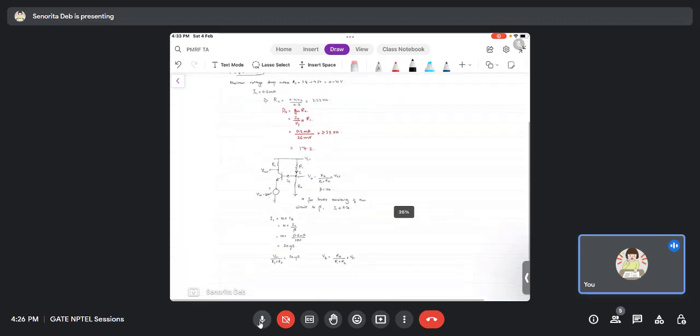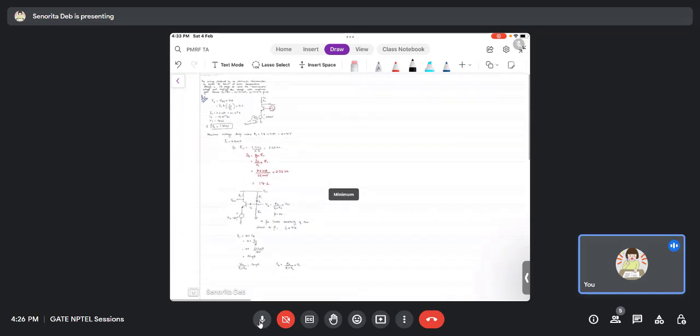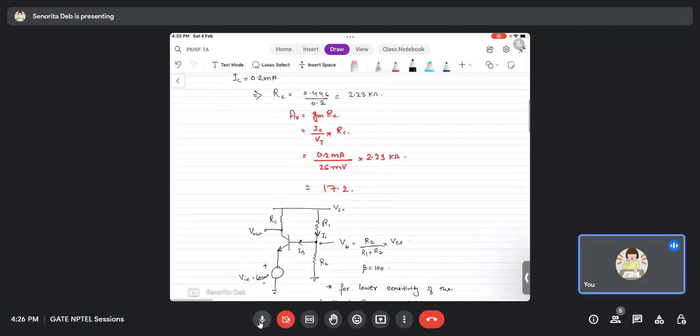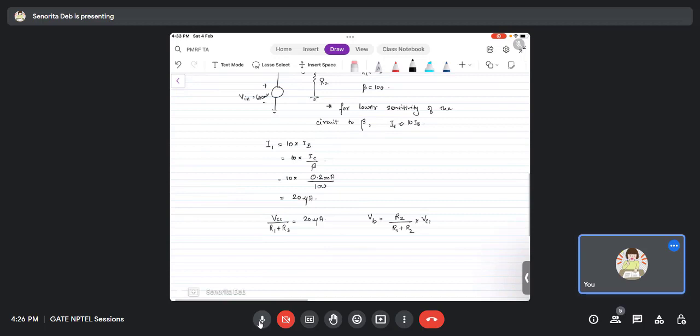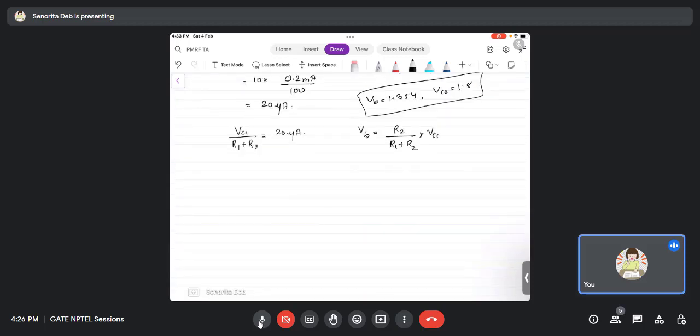So VB we found as 1.354 and VCC is 1.8. Now can you solve it? Please solve these two and tell me what R1 and R2 you are getting. I'm waiting for you. I'm giving you 5 minutes.